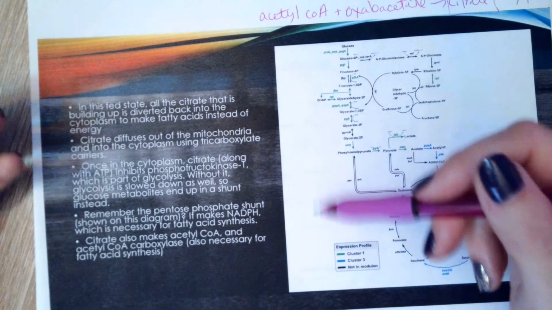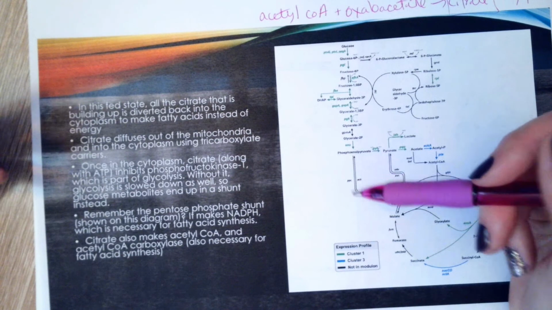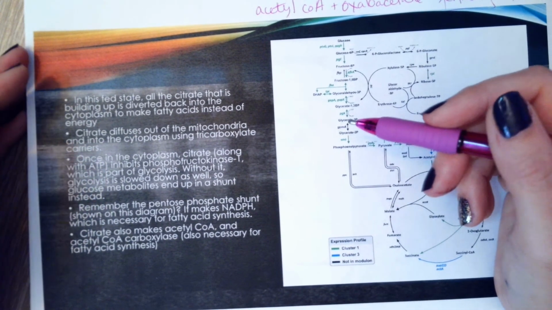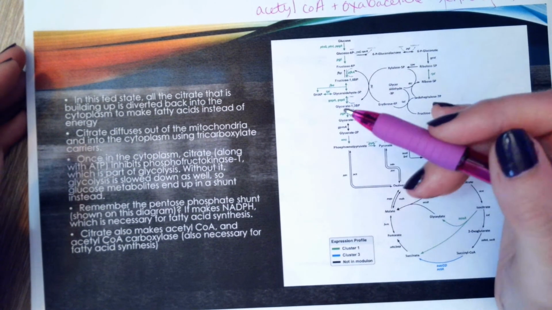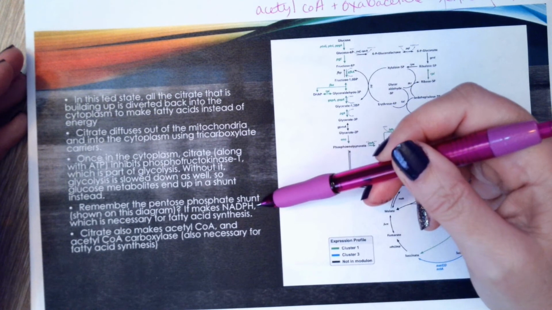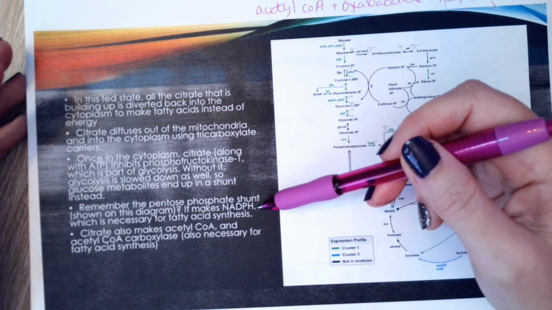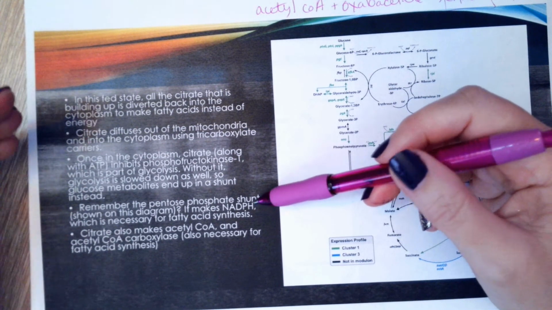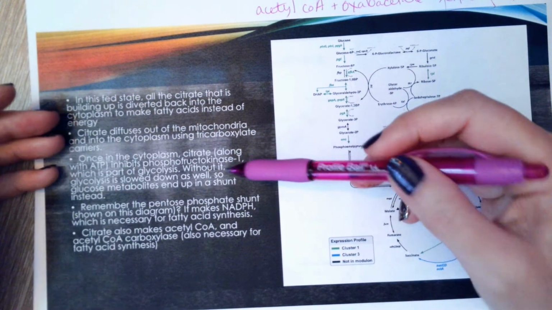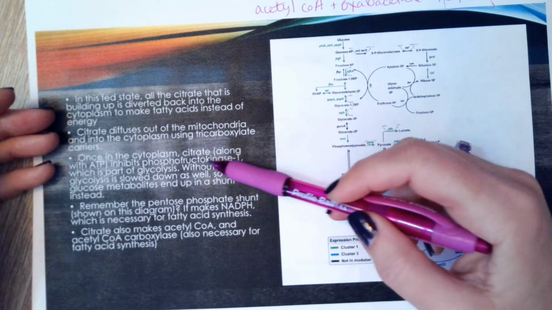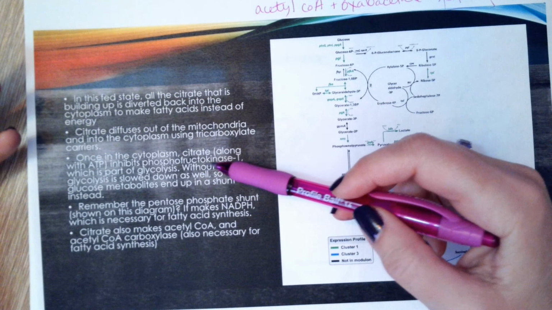And it's going to be important as we start to go through fatty acid synthesis that we are going to be using ATP in order to create those fatty acids. Another thing that we need to create our fatty acids is NADPH, and that comes from our pentose phosphate shunt, which came off of glycolysis, which is going to be running a bit faster because we have inhibited the main route, glycolysis, by inhibiting phosphofructokinase.